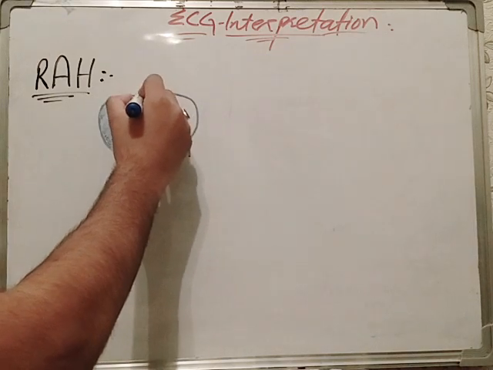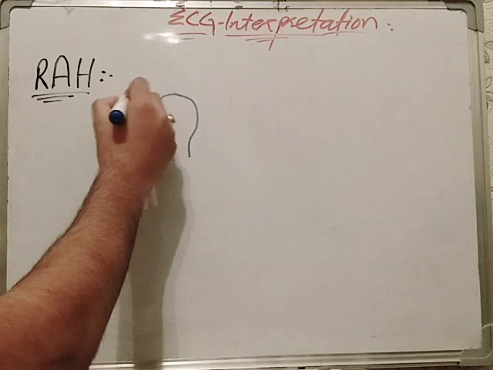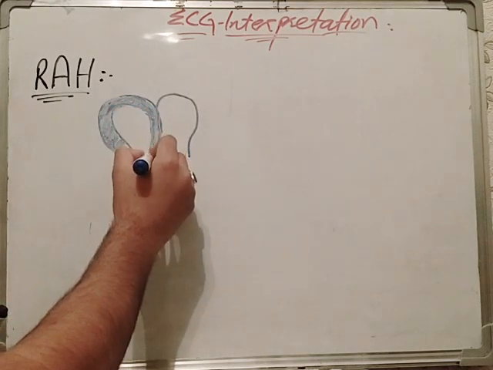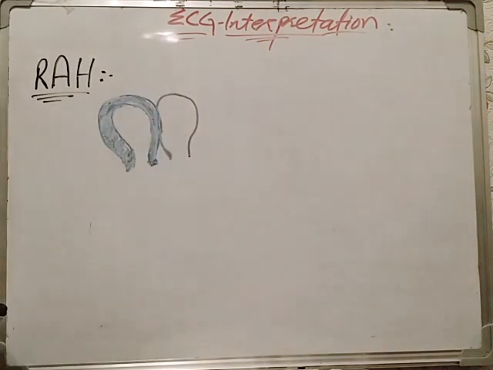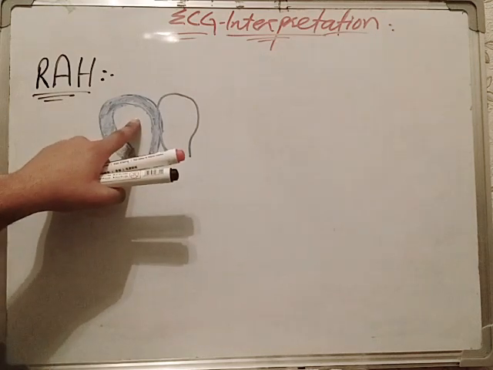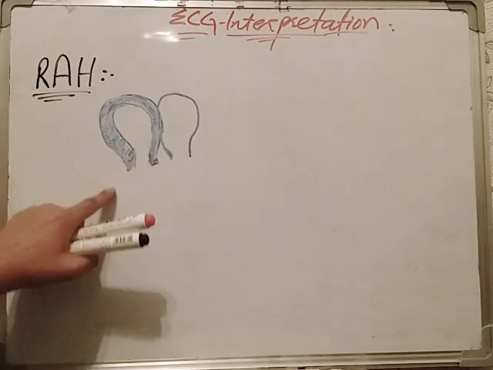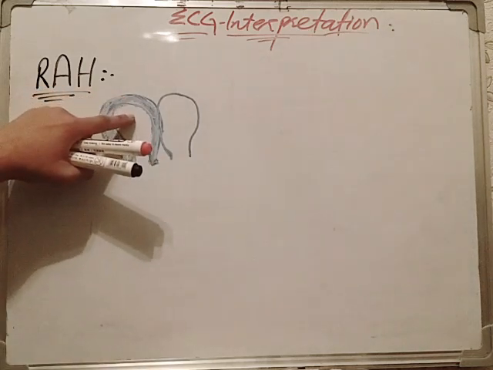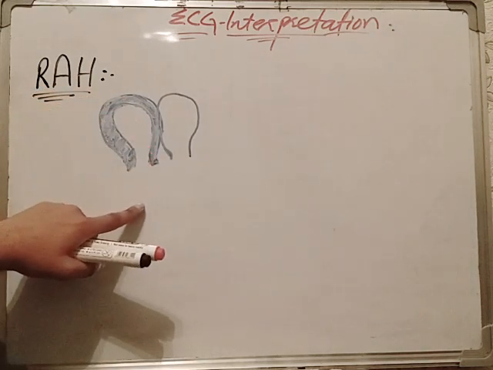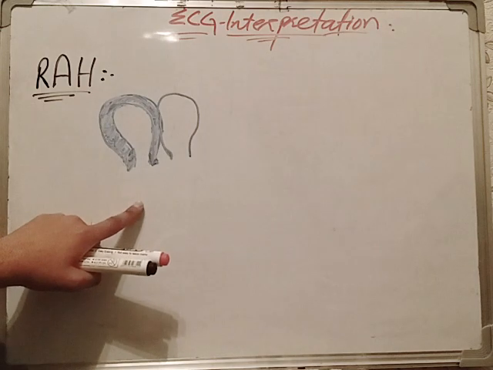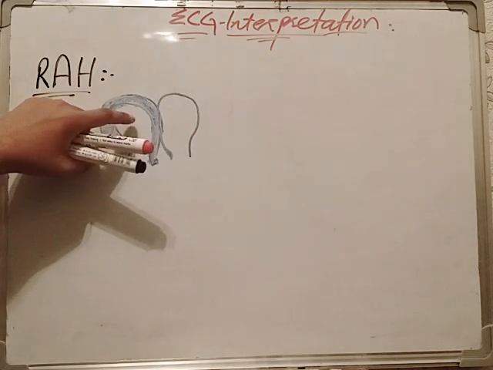pulmonary hypertension. Pulmonary hypertension leads to right ventricular hypertrophy, and this right ventricle exerts pressure on the right atrium. In order to push the blood from the right atrium to the hypertrophied right ventricle, it has to do more work.